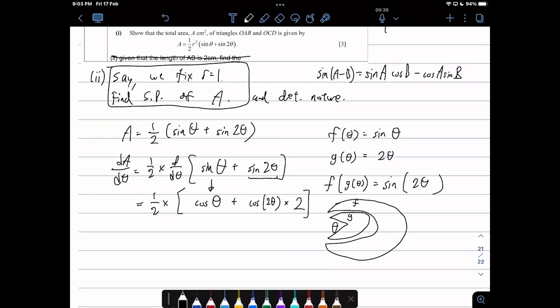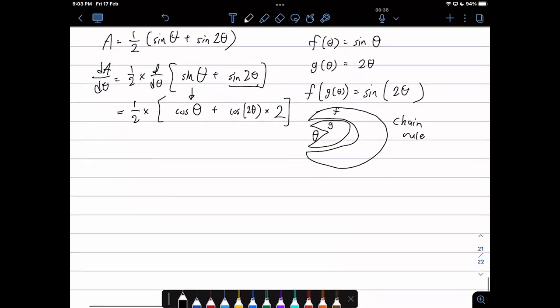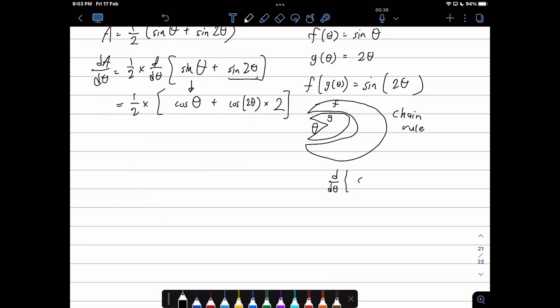Chain rule. Need to use chain rule. By the way, if you are differentiating sine theta plus sine theta, it becomes 2 sine theta. Then you can just factor out the 2, then differentiate the sine theta, cosine theta, which is 2 cosine theta.